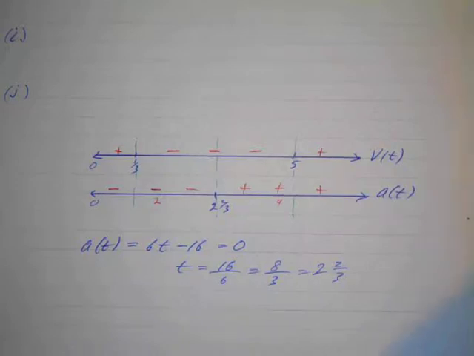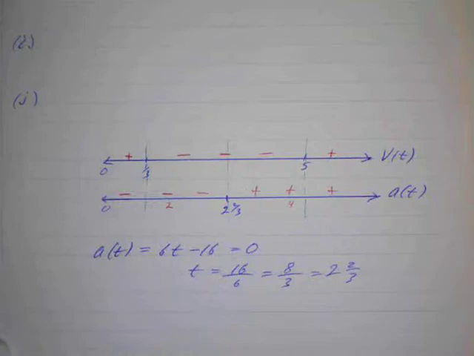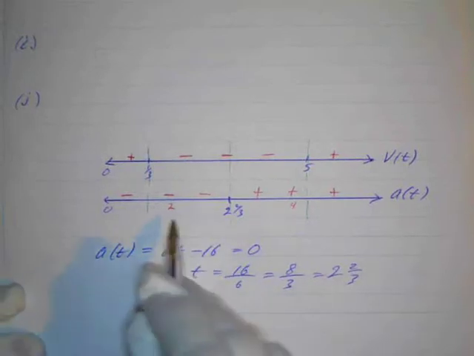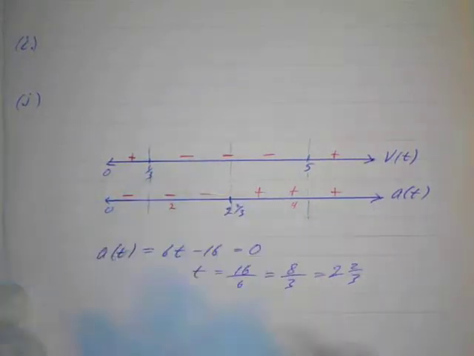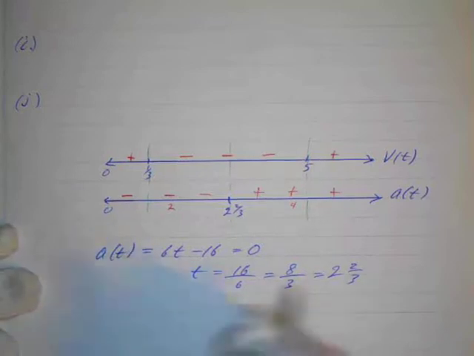So, letter J, during what intervals is the speed increasing? Well, it's going to be increasing when the signs are the same, so it's going to be from 1/3 to 2 2/3, excuse me, or 8/3, I can say. It's also 8/3.